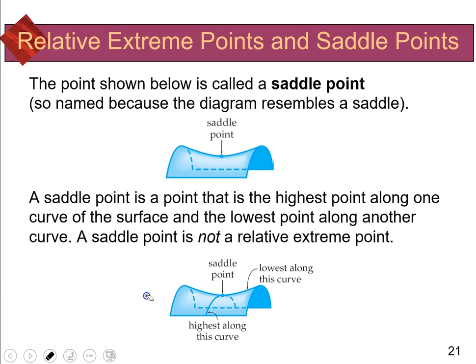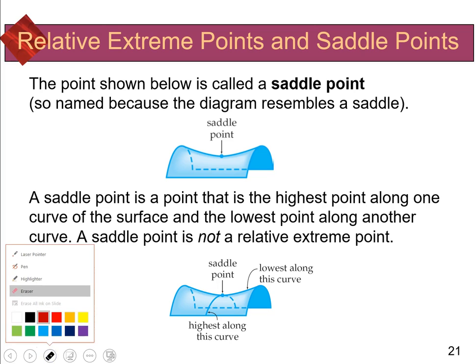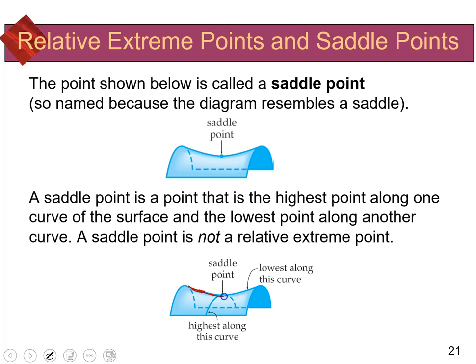It could do the same thing with the XZ graph. So I have this one right here where I'm reaching a minimum, but I have this one here where I'm reaching a maximum. That's what we call a saddle point. It's not considered an extreme point because it doesn't reach the same extreme in both of those planes.